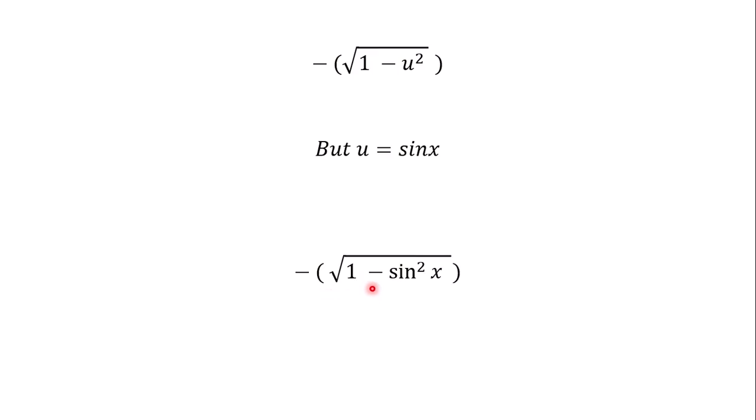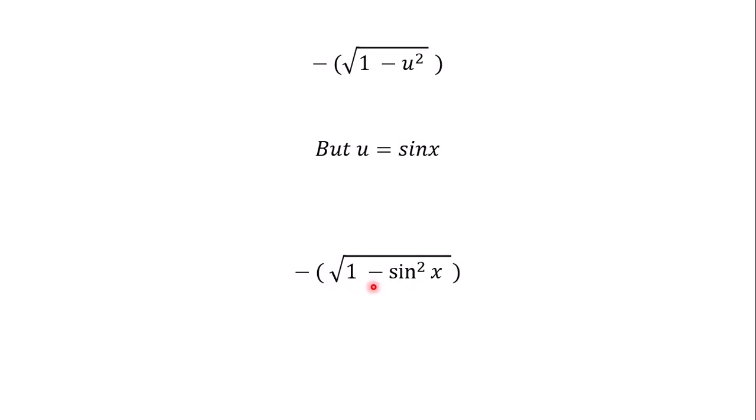Minus square root of 1 minus sine squared x. Now using trig identities, that is sine squared x plus cos squared x equal to 1. When we make cos squared the subject, we are going to get 1 minus sine squared x.